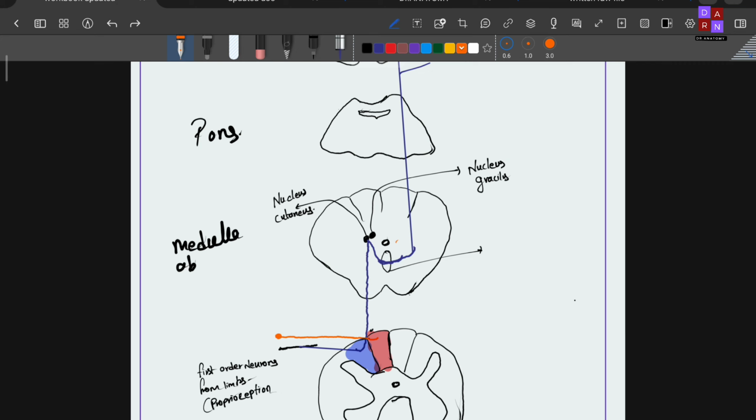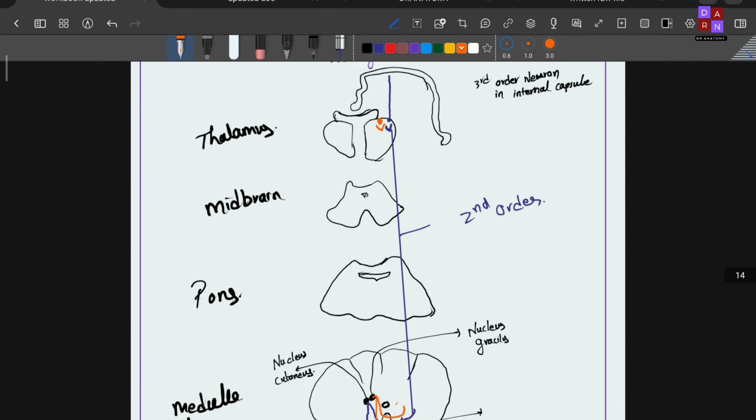The same way, from the lower limb, it takes the information and goes into the nucleus gracilis. Here it crosses in the medulla oblongata and ascends upwards through the pons and midbrain into the posteroventral nucleus of the thalamus. This is your second order neuron.